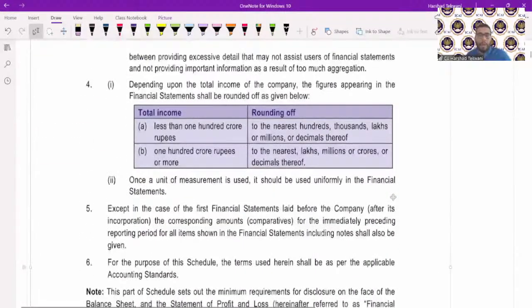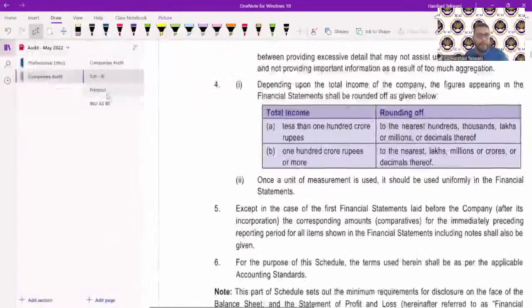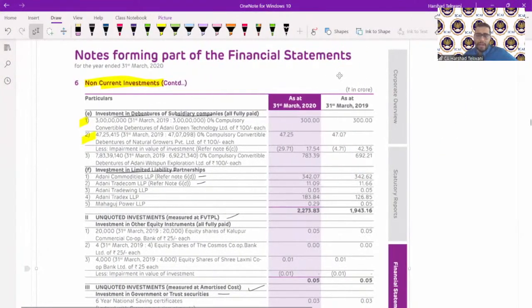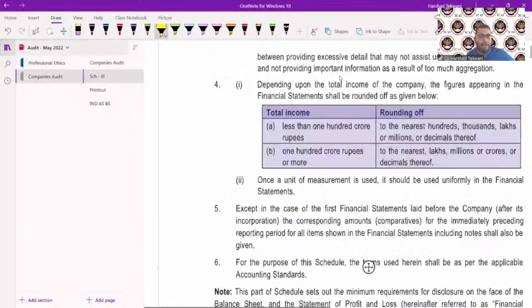Now there is a bit of change in this. If you see most of the financial statements, as I disclosed one of the financial statements over here also, they are rounded off in certain amounts. This rounding off is done based on this guidance only, which is provided in Schedule 3.